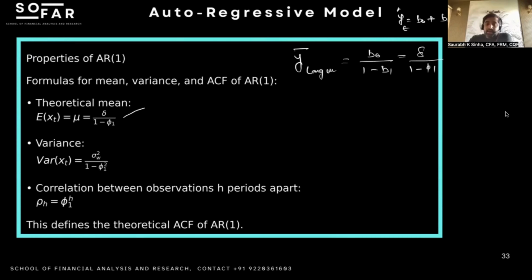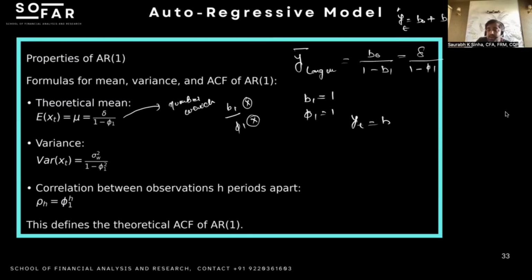Tell me a number which this b1, or this phi 1, cannot take. Good, that is 1. So your b1 cannot be 1. Your phi 1 cannot be 1. Your coefficient on y t minus 1 cannot be 1.